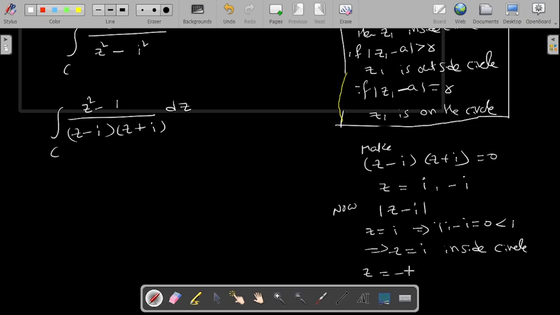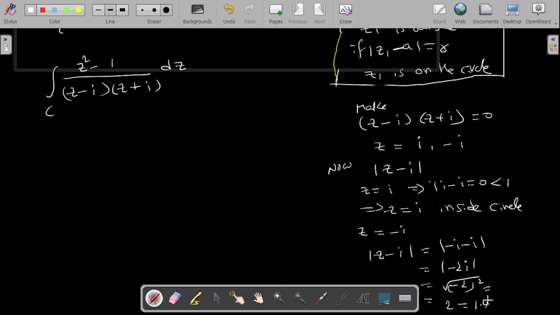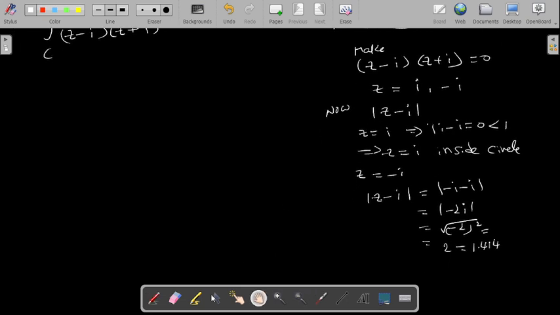Next, z equal to minus i. Calculate mod z minus i value. Minus i minus i is minus 2i, so the modulus of minus 2i is under root of minus 2 whole square, which will be 2, that is 1.414, which is greater than 1.